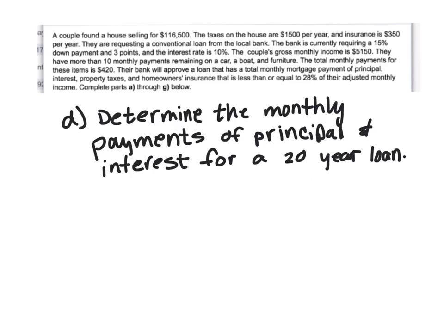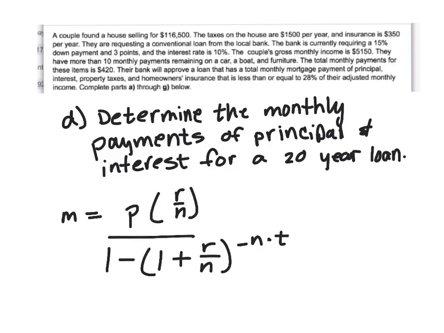Now part D is asking us to determine the monthly payments of principal and interest for a 20-year loan. So remember that we need to use the formula right here. So let's figure out what pieces of information we are going to substitute into the formula.